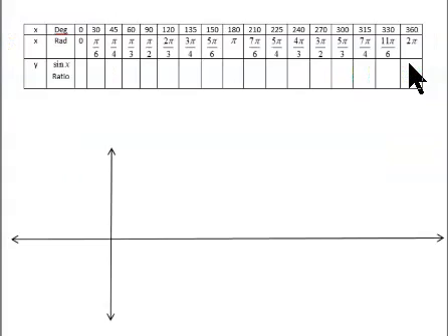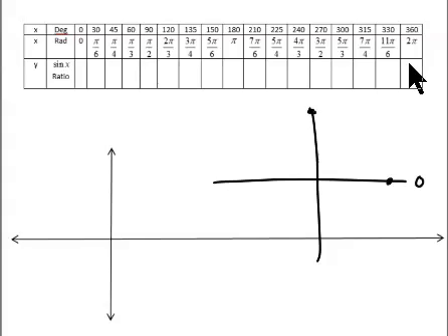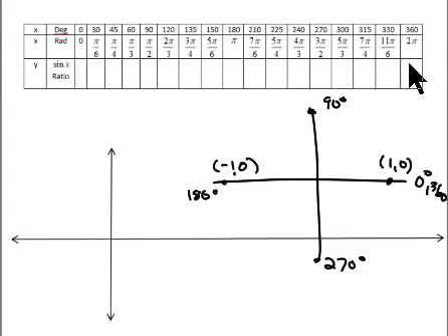Just a little background, a little reminder, you don't have to write this part down either, but if we look at our unit circle, so this is 0 degrees, 90 degrees, or pi over 2, 180 degrees, or pi, and back to 360. We have points that look like this, and 0, -1.